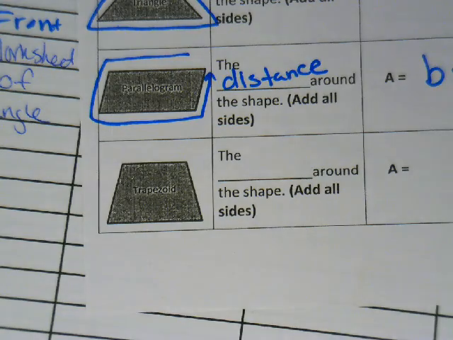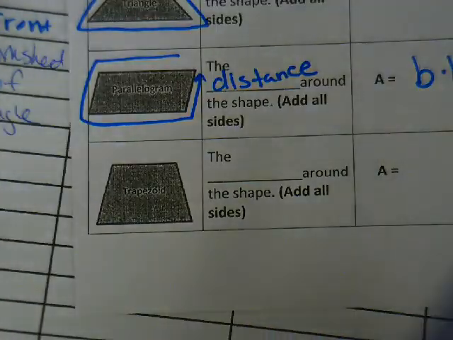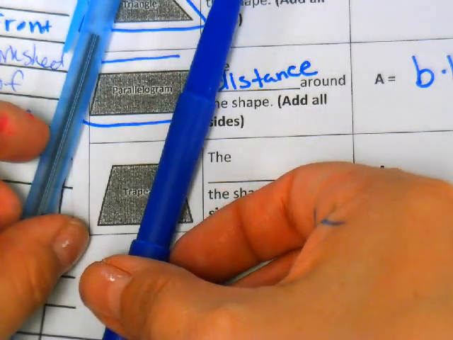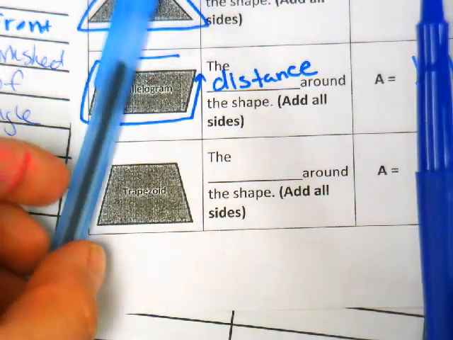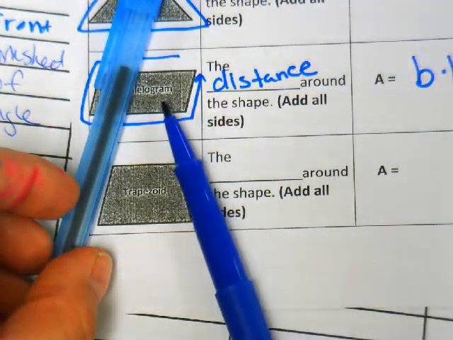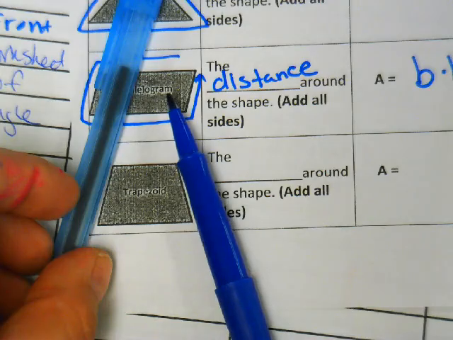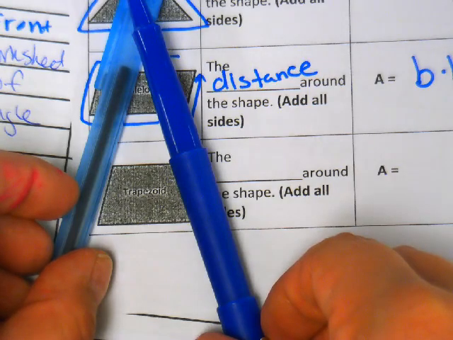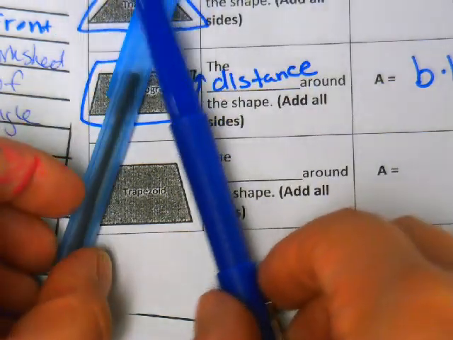But you see how these two are leaning as well? But they're parallel. Here, let me use my markers. If I go like this and like this, are the pens going to touch? No. But look for a trapezoid. If I do this and I do this, what's going to happen? They're going to touch. So in a trapezoid, if I draw the sides longer, they will touch.